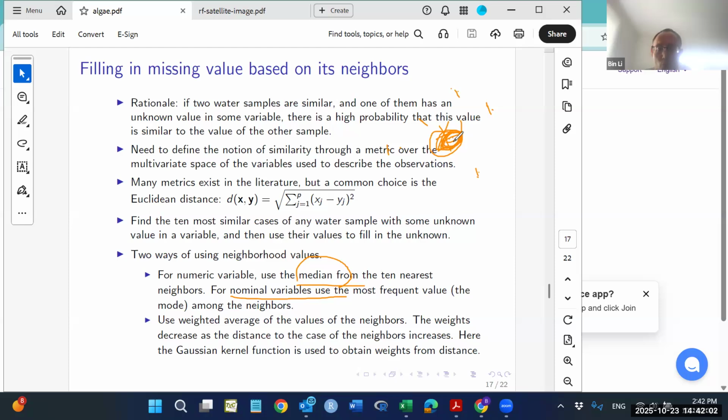Use the most frequent. Also, we can use the weighted average, where the weight is based on the distance. So there are a few ways to identify the neighborhoods and to find the numbers and categories that impute the missing value.